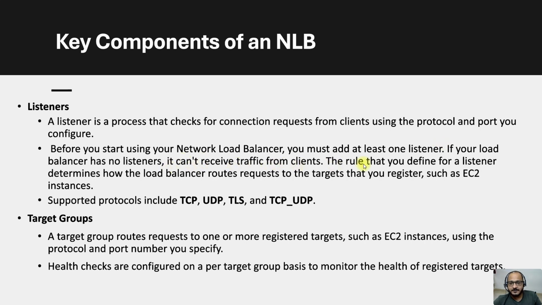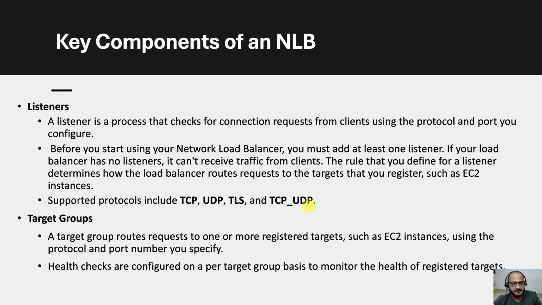The rule that you define for a listener determines how the load balancer routes requests to a target that you registered, such as an EC2 instance. It supports the protocols TCP, UDP, TLS and TCP_UDP. These are the protocols supported by a listener which we configure as part of the network load balancer.